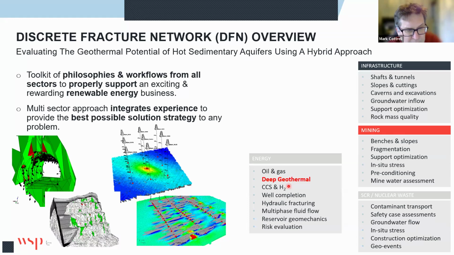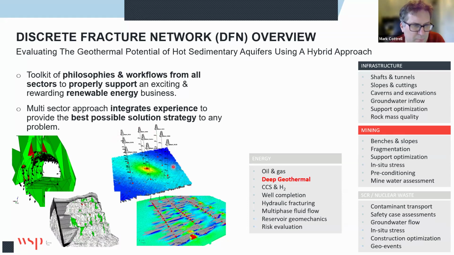So it could be optimizing a tunnel in the subsurface where we're looking at maybe groundwater inflow into the tunnel and asking, how do we remediate it? It could be enhanced oil recovery using CO2 injection.